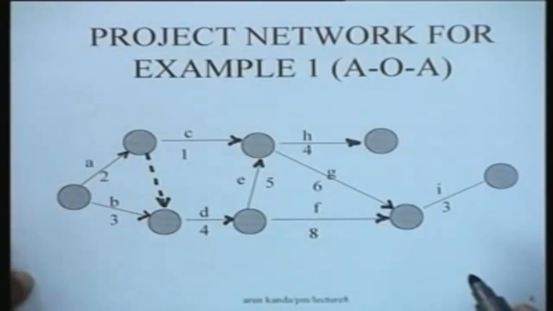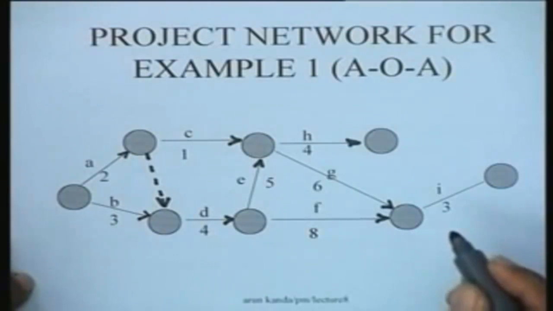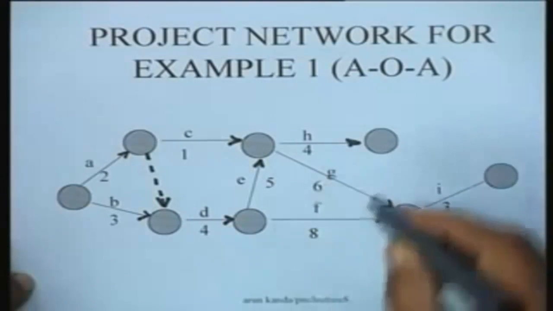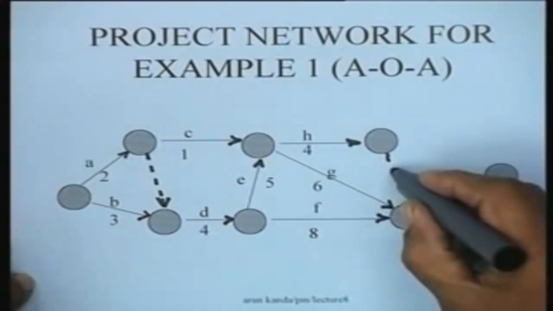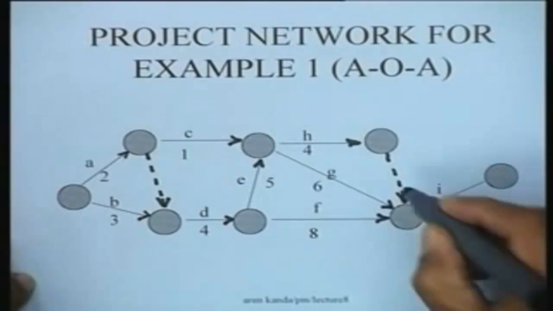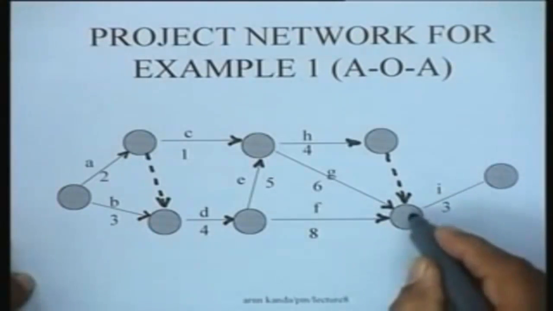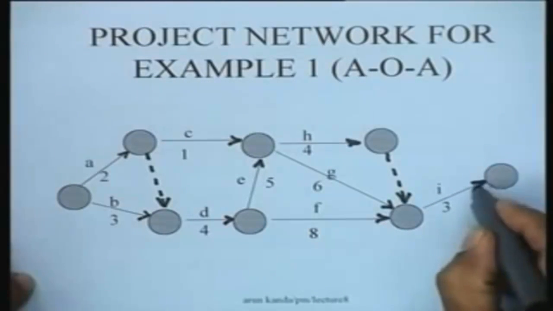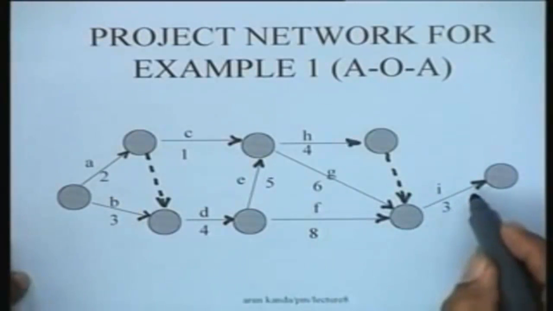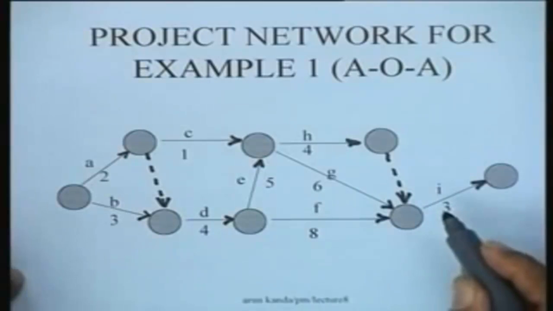And as far as activity I is concerned, it has three predecessors, namely F, G and H. So we can bring a dummy arc from here and show it like this, and then for activity I we have F, G and H all shown as predecessors.